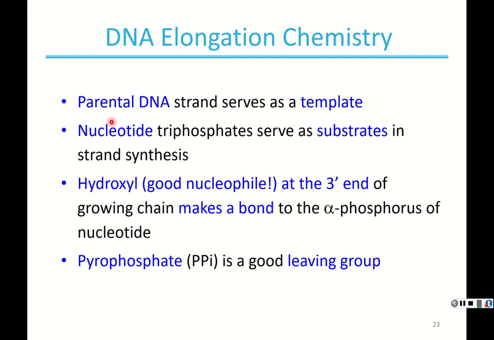As we're doing this, in the chemistry involved in DNA elongation, the parental strand is providing the template. What else you really need are nucleotide triphosphates, because they're serving as the new substrates to your polymerase enzyme. The hydroxyl at the 3' end is the good nucleophile, and that allows the chain to grow using the alpha phosphorus of the new nucleotide triphosphate that comes in.